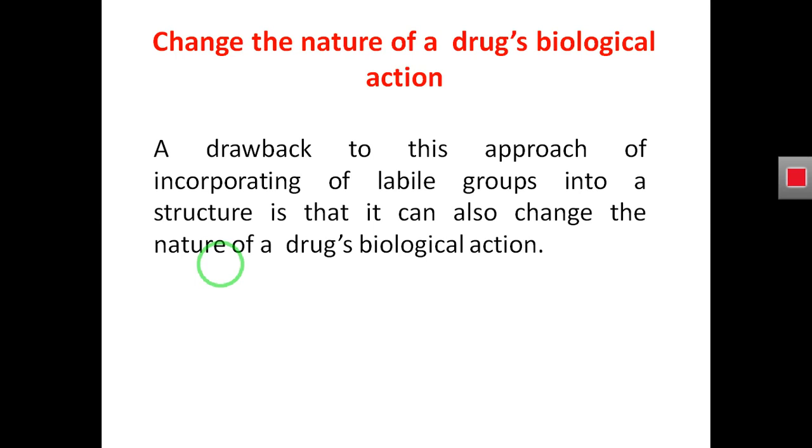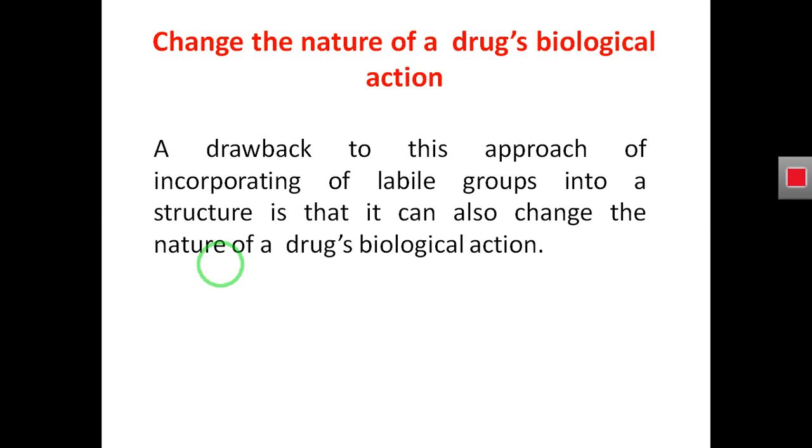For example, if we wish to make an anti-cancer drug in such a way that this drug remains in the body for a longer period of time, we are making a change in this drug, introducing a labile group in this drug so that it cannot be metabolized by liver enzymes and remains in the body for longer.